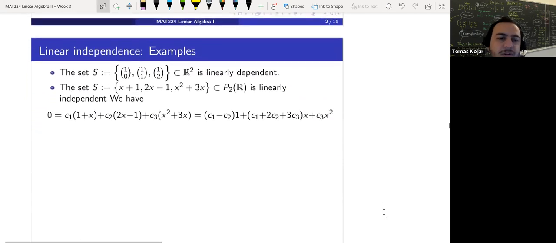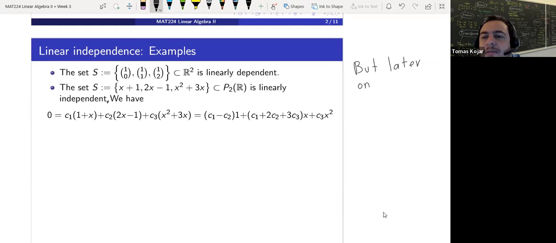So always you start with, I mean, for now, we're going to do this, but later on, we will do this with determinants. We will check linear independence with determinants because it's much faster.